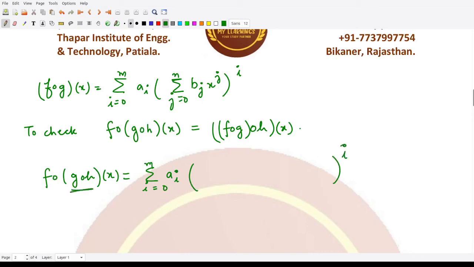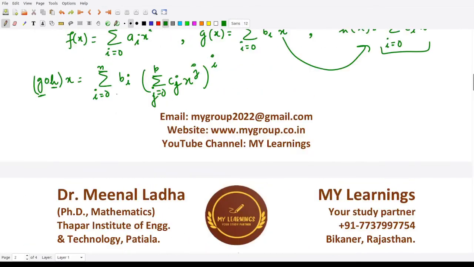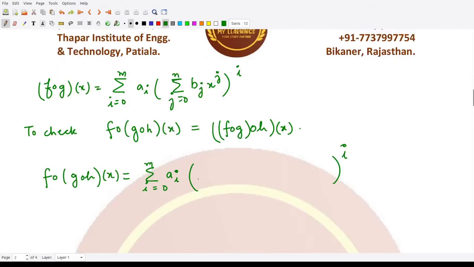Now we substitute the value of g o h of x, which you already know: it is the summation of b_i times the summation of c_j x^j. So we change the subscript here. It would be the summation, say j varying from 0 to n, of b_j, and within the brackets the summation over k from 0 to p of c_k x to the power k. So this is what we would have as f o (g o h).